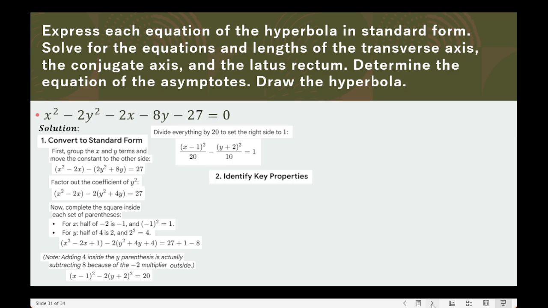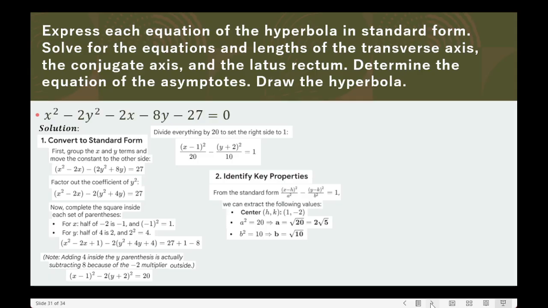So here, we identify three key properties from the standard form. The center is at 1, negative 2. So therefore, a squared is 20, so it follows that a is 2 square root of 5. For b squared, that is 10, so b is equal to square root of 10.